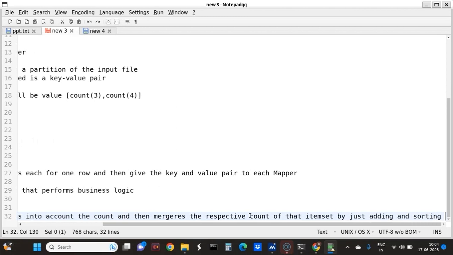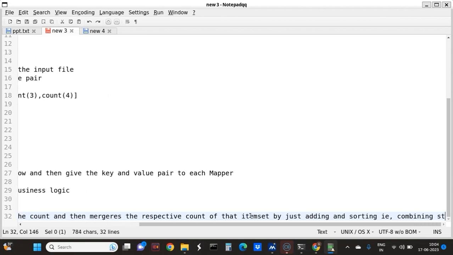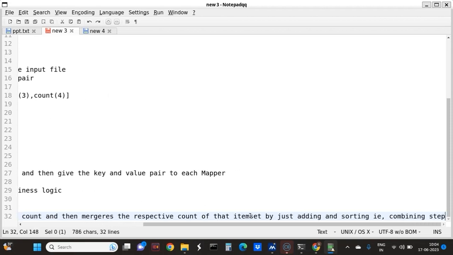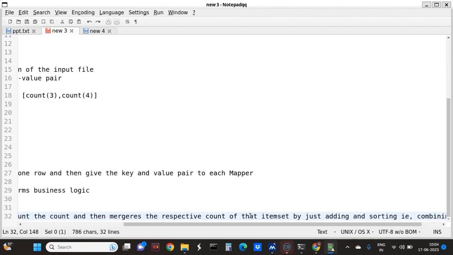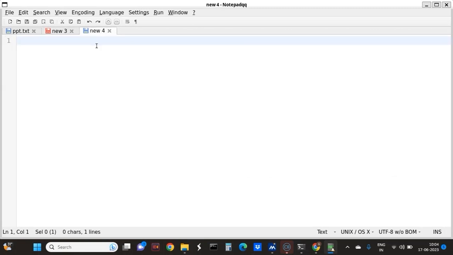That is the combining step. So now we have just seen the basics. Now you will see the architecture of Hadoop.